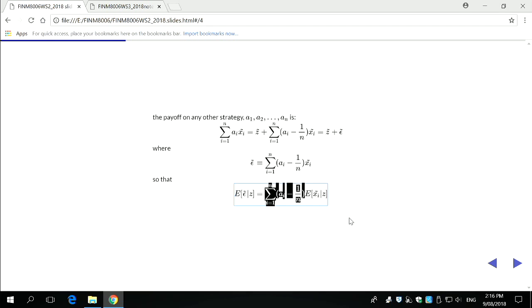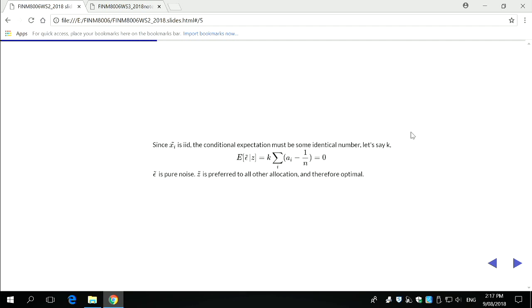As long as this is a fixed number, we can take it out of the summations. We can just look at this part, and this part equals 0. 0 times any fixed number is 0. So we show that this conditional expectation of epsilon tilde conditional on z is just 0.